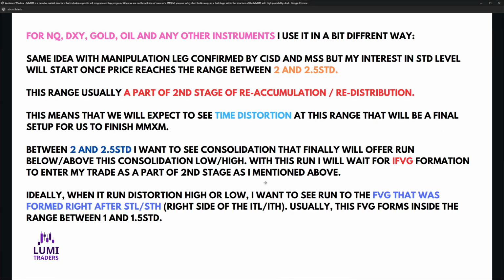Ideally, when the time distortion's high or low is taken, I want to see a run to the fair value gap that was formed right after the short-term low on the right, or short-term high on the right side of the intermediate-term low or intermediate-term high. Usually this fair value gap forms inside the range between 1 and 1.5 standard deviation.